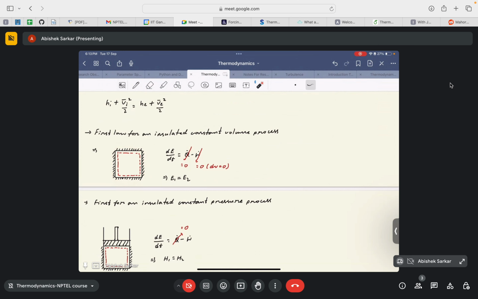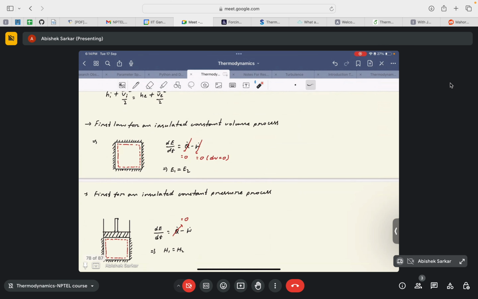Since the system undergoes a constant volume process, the change in volume is 0, so the net PdV work is 0, and the net work interaction is 0 as well. So we get dE by dt equal to 0, which means the energy remains constant. Or if we consider the kinetic and potential energies to be negligible, internal energy remains constant, U1 equal to U2.